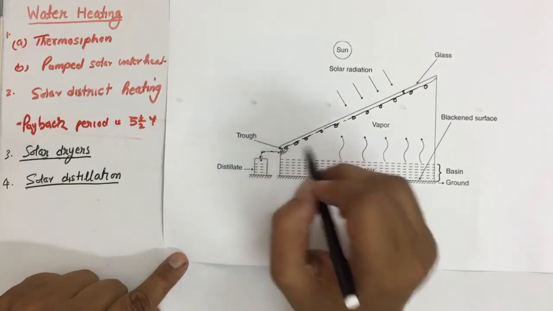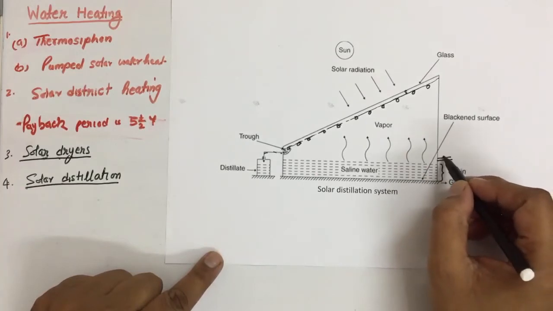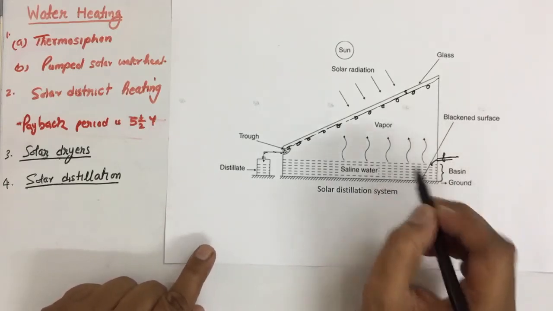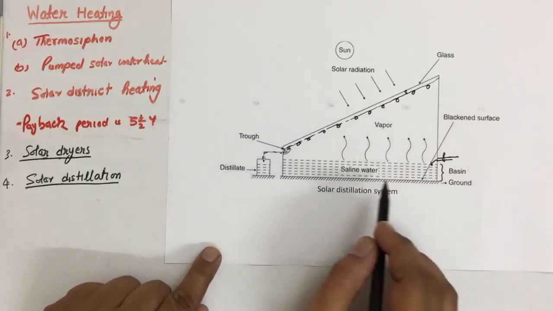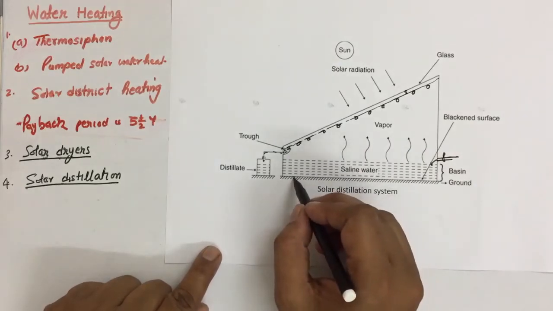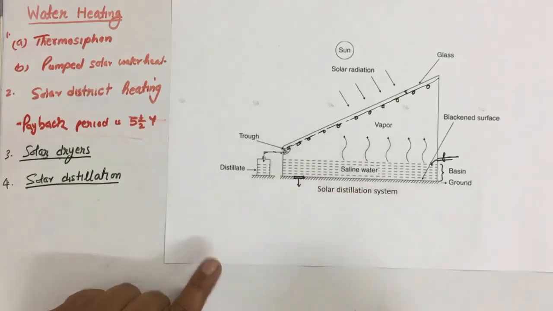There should be a tank from which you can fill this tank if the level goes down, and to clean this surface you can have a space for cleaning the surface.